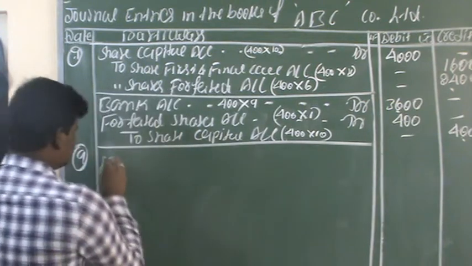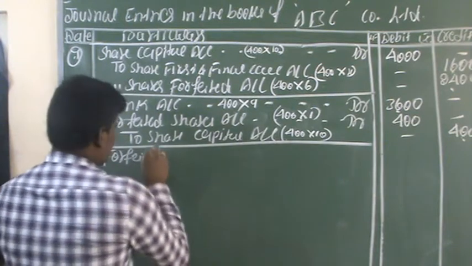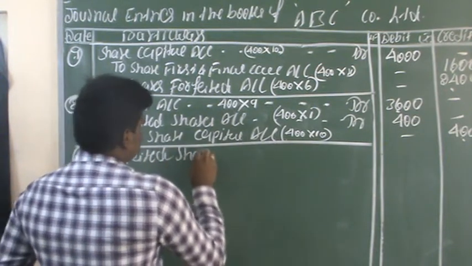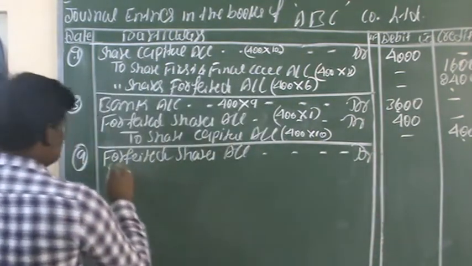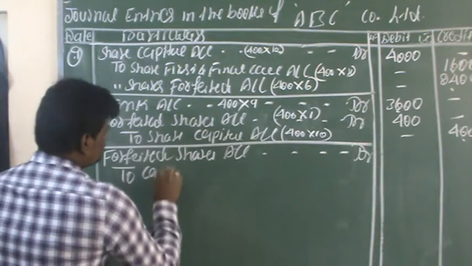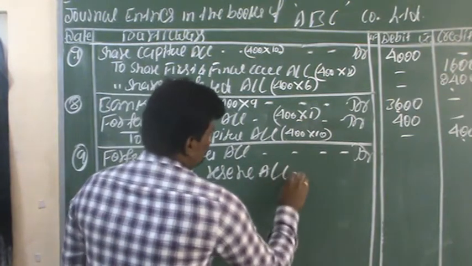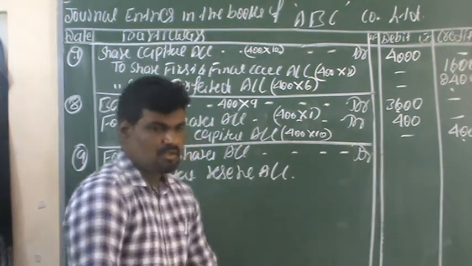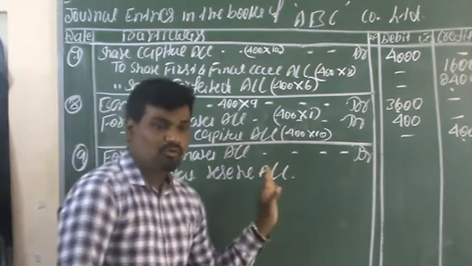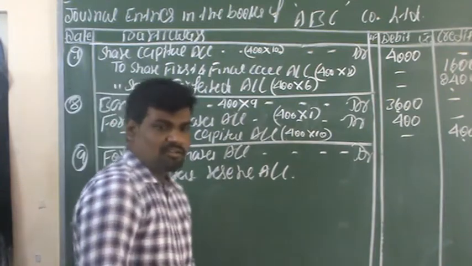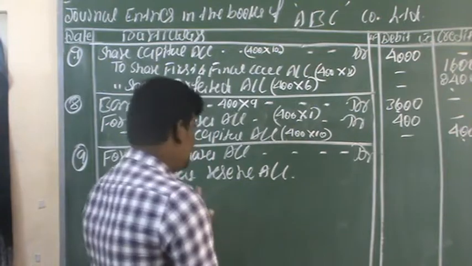The next entry: forfeited shares account debit to capital reserve account. Whatever the profit on these forfeited shares, this profit we now need to transfer to capital reserve account.